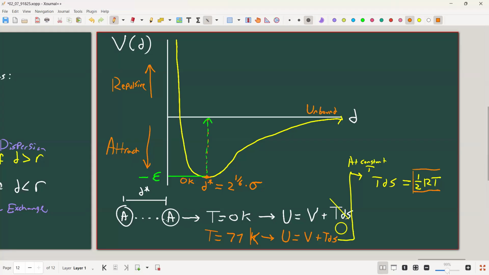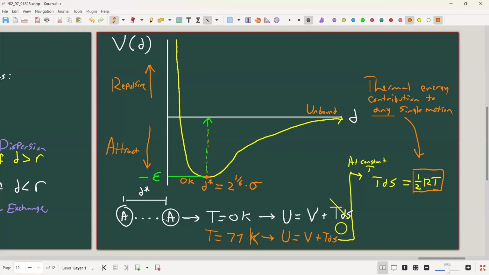And in general, we can actually say this is the thermal energy contribution to any single motion. It's 1/2 RT. That's why RT is such a cool number. It tells you exactly how much energy you put into something when you heat it up.